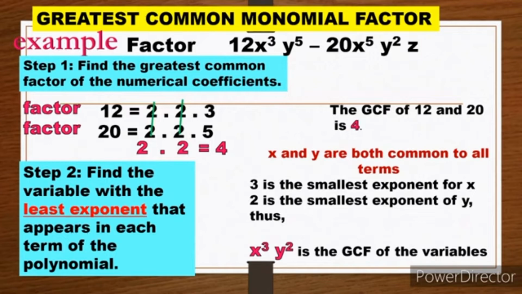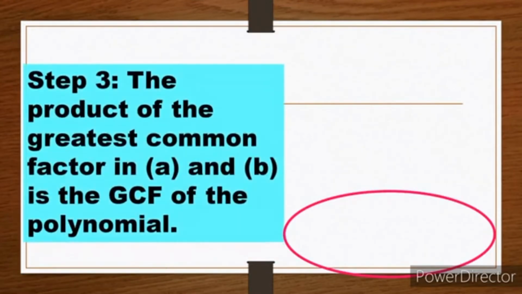Since x and y are both common to all terms, parehong may x at saka y yung dalawang terms, and 3 is the smallest exponent for x, 2 is the smallest exponent for y, thus x cubed and y squared is the GCF of the variables. Again, pipiliin natin yung may pinakamaliit na exponent, which is common doon sa mga terms na binigay ng polynomials.